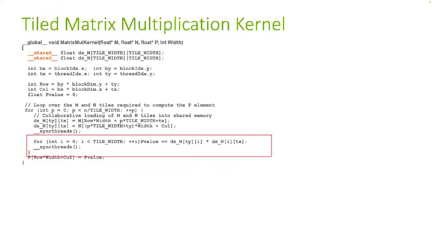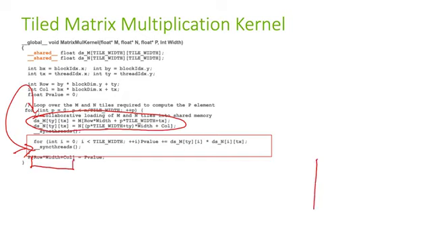Right, so the loads here to M and N, essentially, some portion of what they're trying to load. Okay, so let's go back to the product. The product matrix is a big matrix, and the block is computing one chunk of that big matrix.